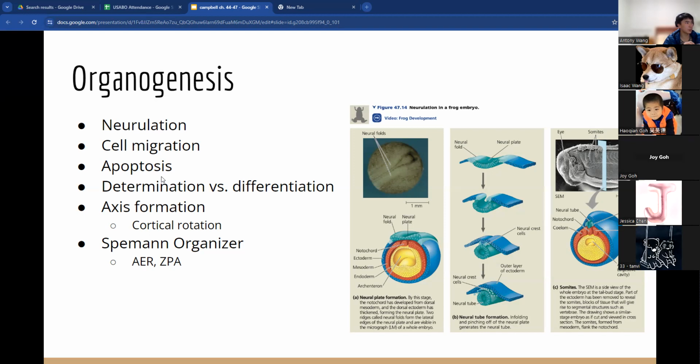All right. I'm just going to talk about determination versus differentiation because the other two are really not worth going into. Maybe cortical rotation, but no. Differentiation is the process where, let's say you start with a stem cell, and the stem cell will differentiate into a muscle cell, right? It will become a specialized cell.